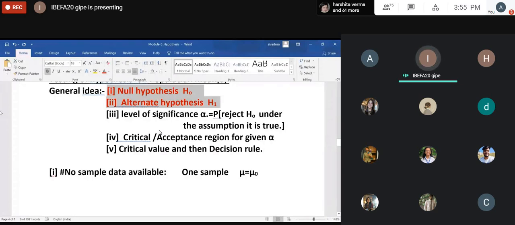It is a prediction for your research objective parameter. Need not be true. Need not be true means its opposite can be true. So null hypothesis and alternate hypothesis are always together.